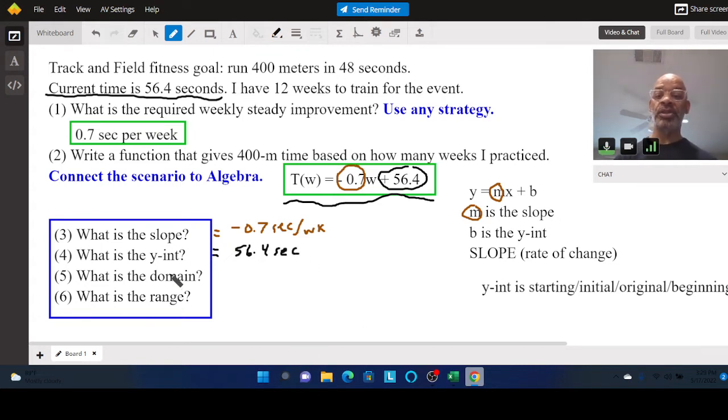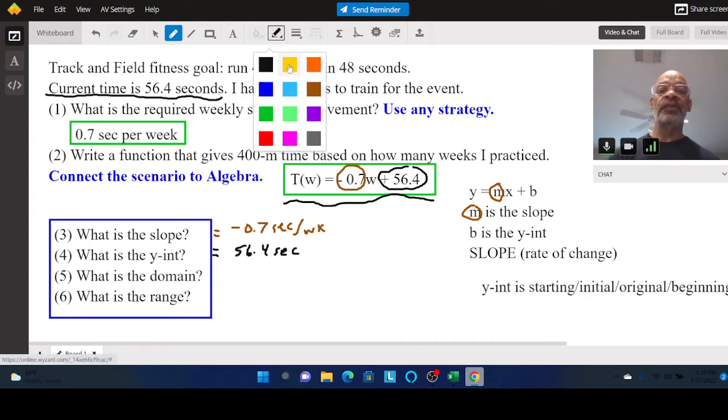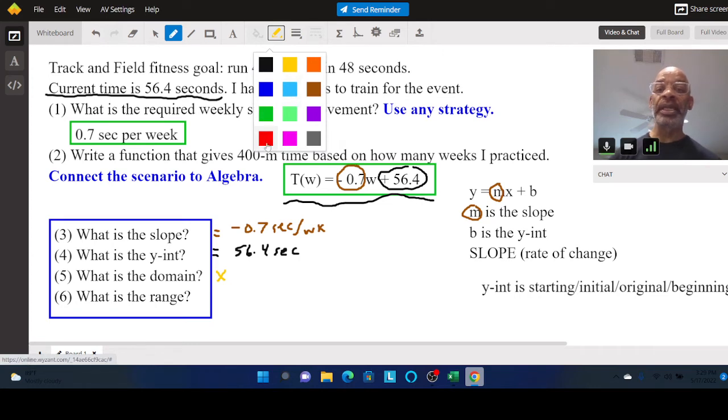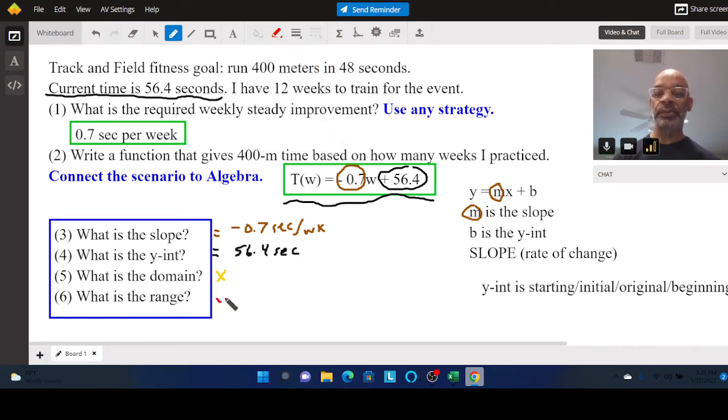Now let's look at the domain and let's look at the range. When we're speaking of functions in general, our domain is our x value and our range will be our y value. The domain is what you put in, also known as the input. And the range will be what you get out, also known as the output.